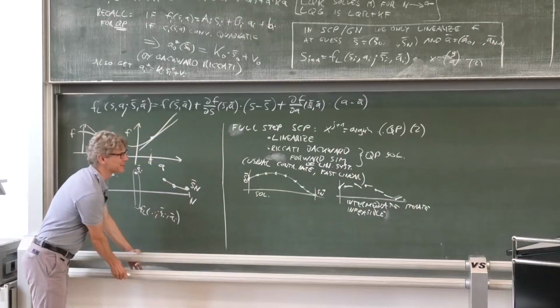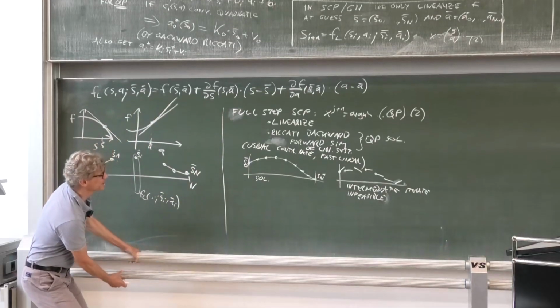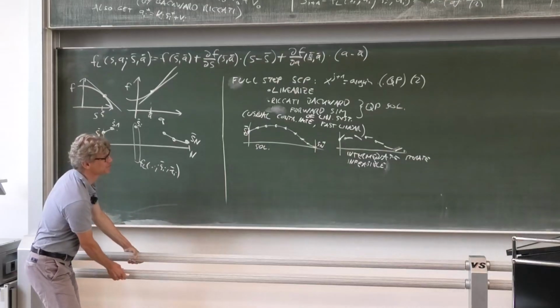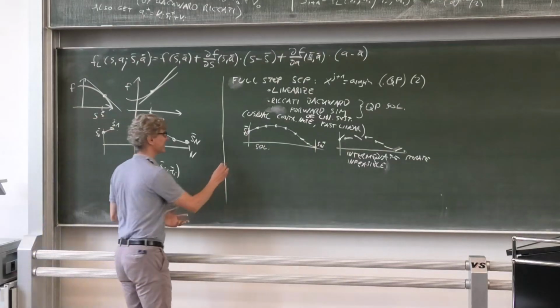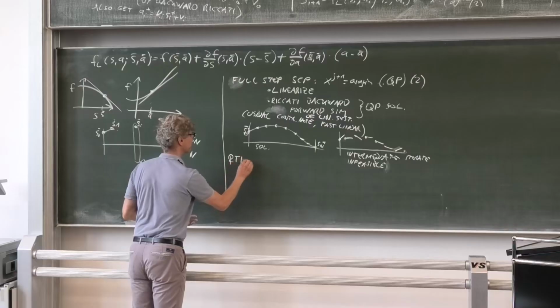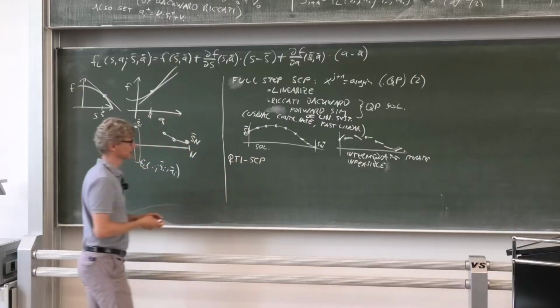But so now we have the full step SCP method, and I think we already have explained the RTI SCP, but let me just do it now in this simple picture.